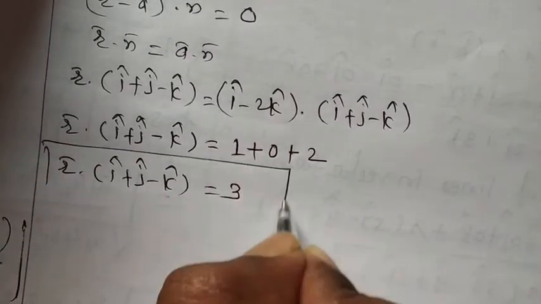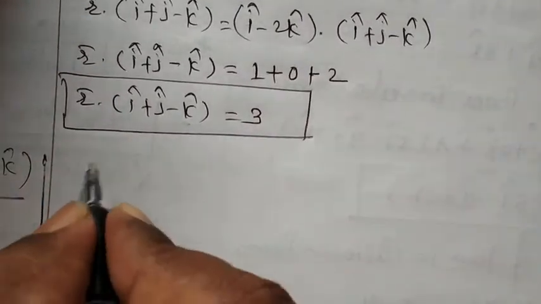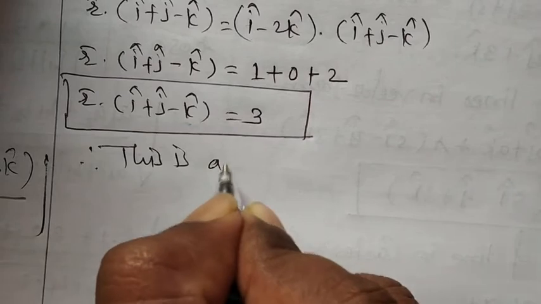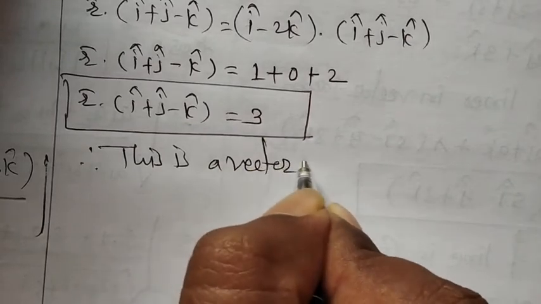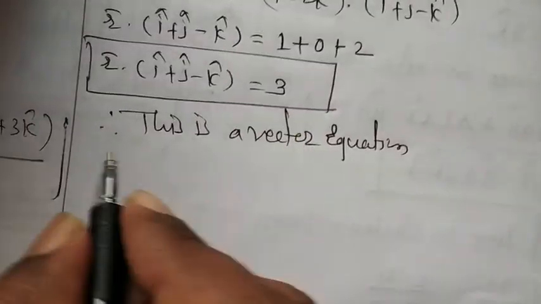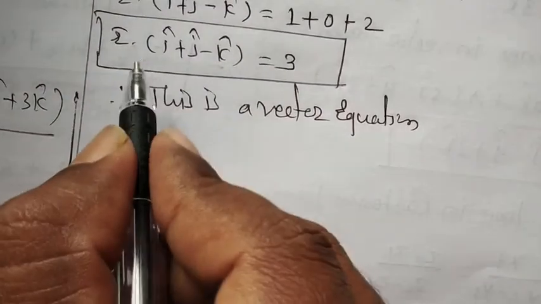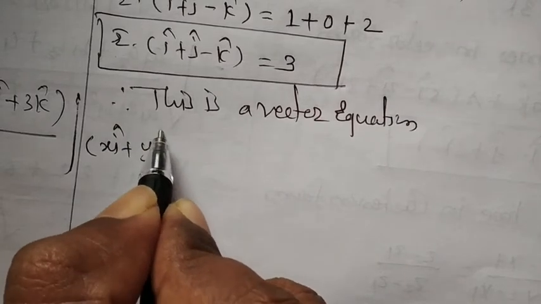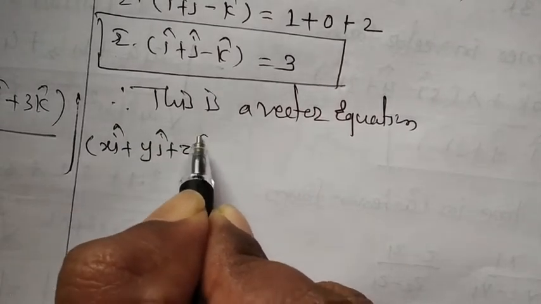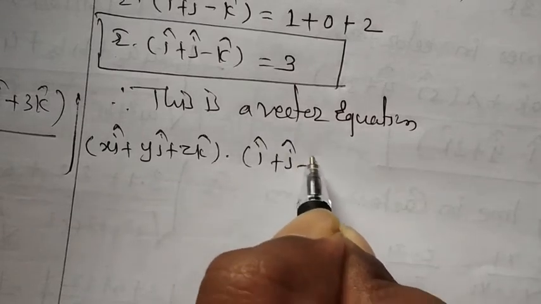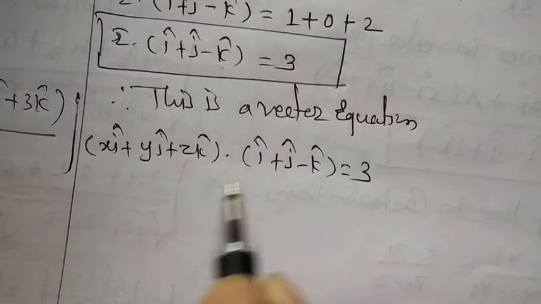This is the vector equation of a plane. Now for the Cartesian form, put the value of r. r is equal to xi plus yj plus zk, dot i plus j minus k, is equal to 3.